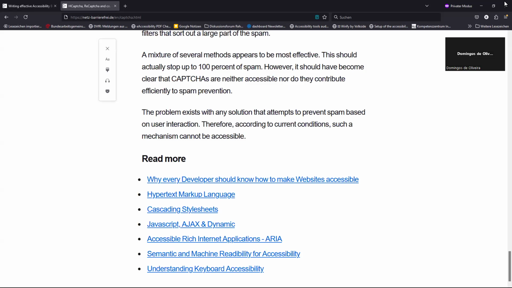So what can you do? The possibility is to combine different anti-spam mechanisms which are not based on interaction. And the second possibility, which you see in many cases, is to use alternative technologies like Friendly Captcha or the Cloudflare technology, which are both not based on user interactions, but on analyzing the user behavior in the background.